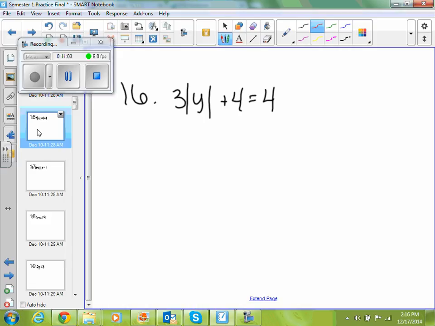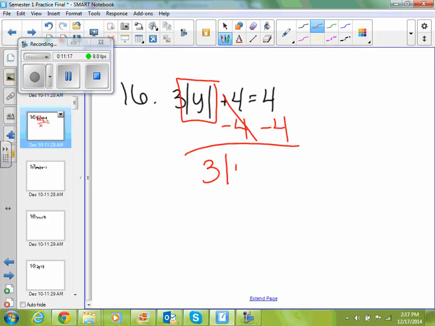Okay. So number 16, what's my first step? You're going to subtract 4. You're trying to get your absolute value bars by themselves. So I get 3 times the absolute value of y equals 4 minus 4 is 0. I'm still trying to get my absolute value bars by themselves, so what do I do next?